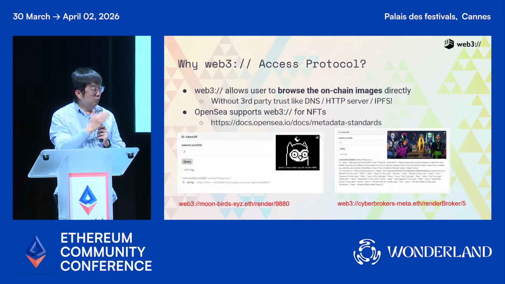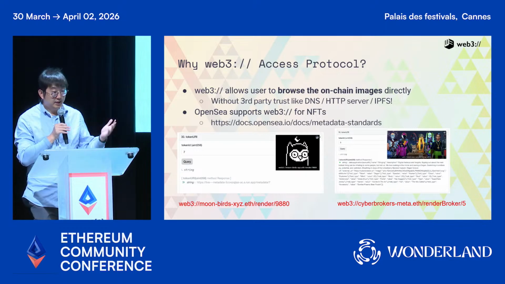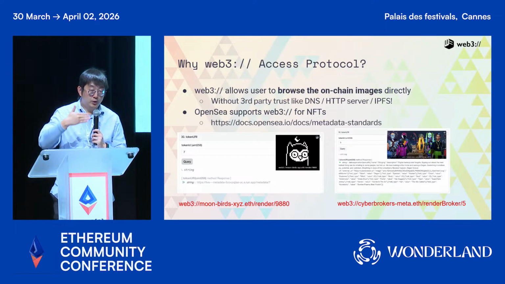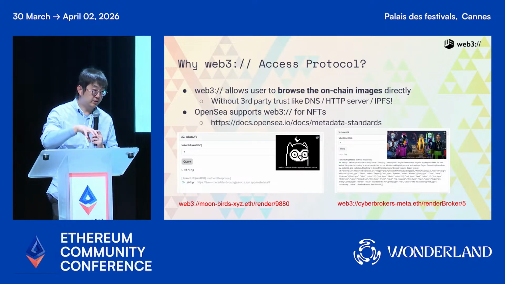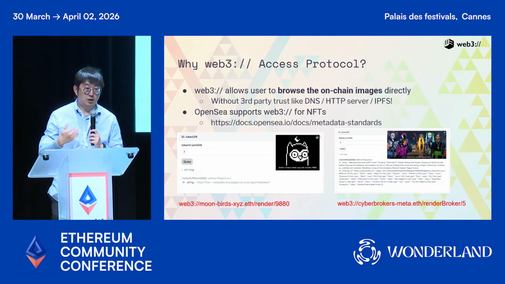OpenSea actually already supports the Web3 standard, besides IPFS or centralized servers, since early this year. So when you browse OpenSea, you will find the images directly on chain and displayed on the front end.